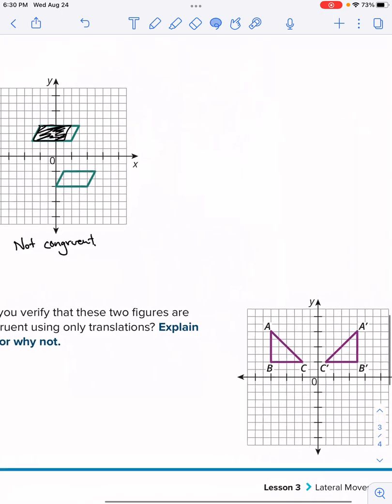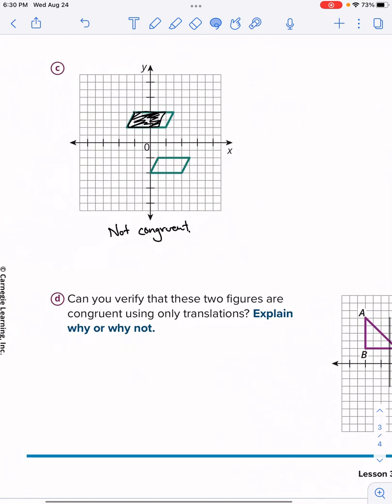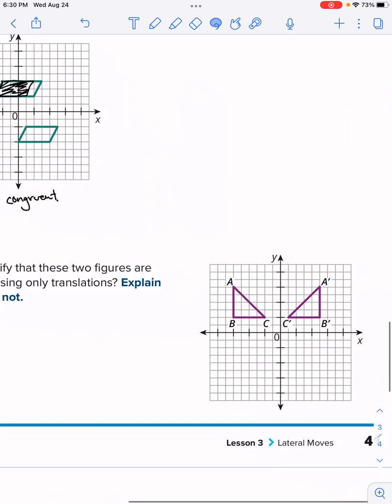D. Can you verify that these two figures are congruent using only translations? So if I go to triangle ABC, can I slide it, translate it to get to triangle A prime, B prime, C prime?